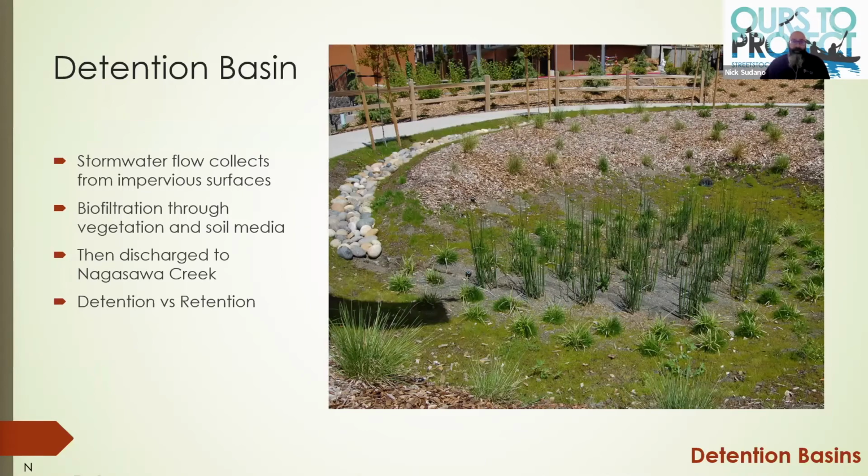Detention is that we're allowing that water to hold for a period of time to allow time for treatment and infiltration, and then it slowly discharges into the storm drain system. Whereas retention is more similar to your ponding scenario, where you're holding that water in on a more permanent basis with no plan to discharge. Just realize what these systems were designed to do, and that also is going to determine how you're going to maintain them.